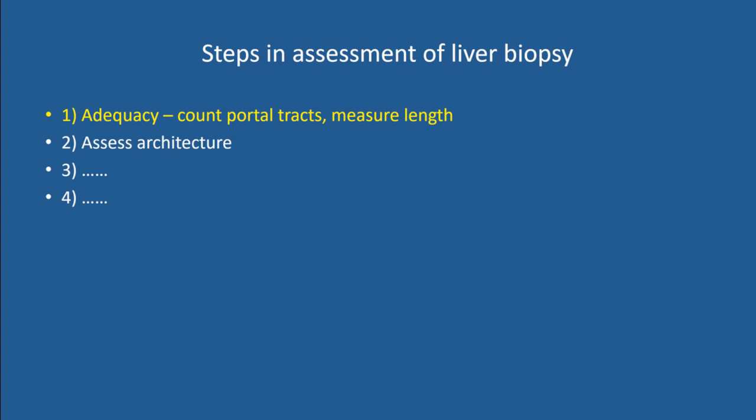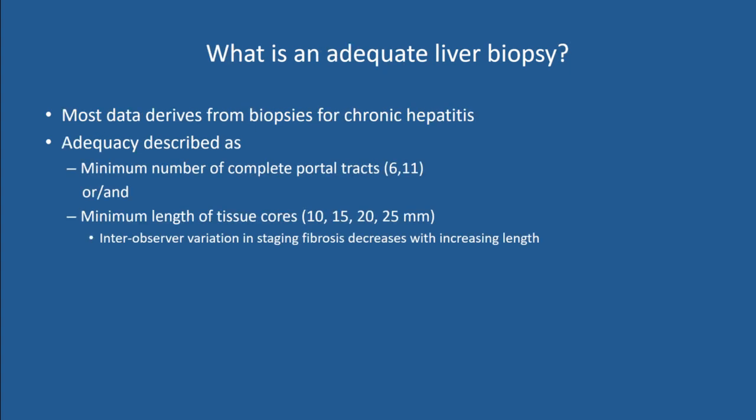Now, finally, I want to talk about adequacy of liver biopsies, which is something we are always told to comment on. So what is an adequate liver biopsy? Most data that is available in the literature derives from biopsies for chronic hepatitis.